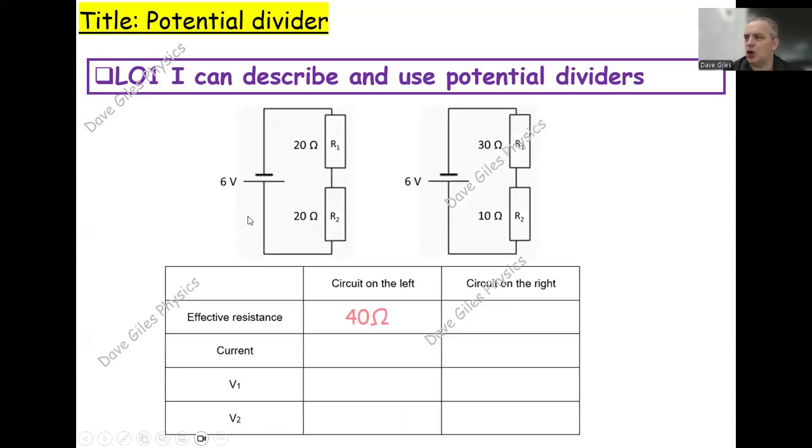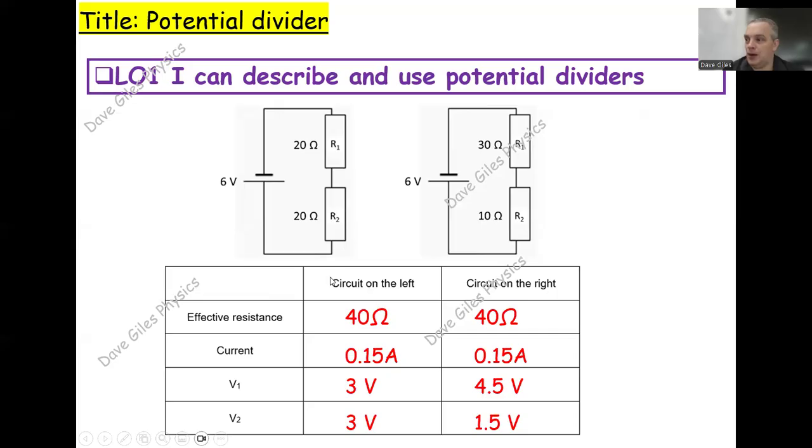So you should get the following results. They've both got 40 ohms resistance, so they've both got the same current flowing through them, but the resistors have different values of voltage across them. That's because the majority of the voltage is going to be across the bigger resistor.